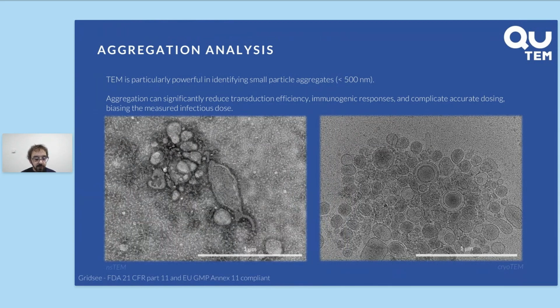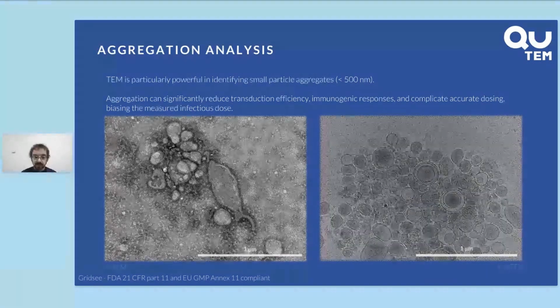Of course, you might know that if your particles are aggregated, in the case of T-cell therapy, the transduction will be greatly affected by it, and you will have a poor efficiency of the transduction. And typically, we observe that aggregation happens during the filtration processes or during the purification of the particles of the drug. So this is something that the customers like to ask us to assess: the aggregation of the specimen.